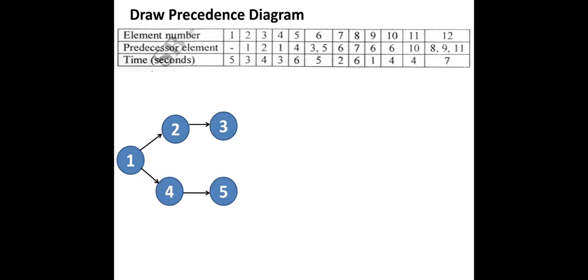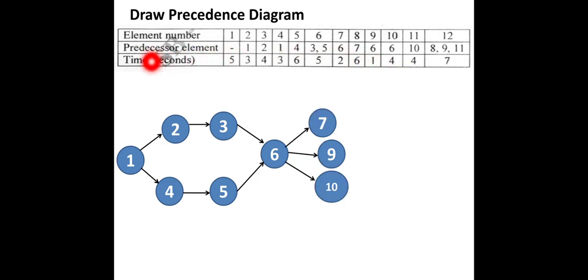Further, from 2 we have element number 3, and from 4 we have element number 5. Later, from elements 3 and 5 it is element number 6.